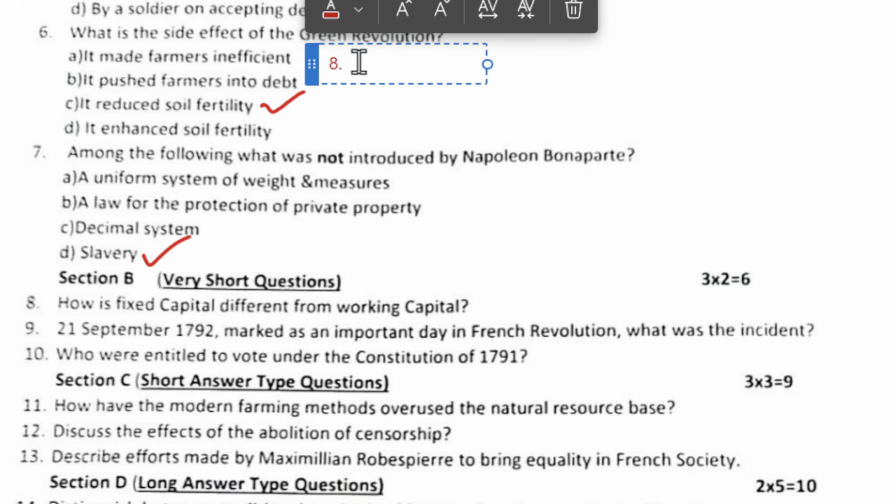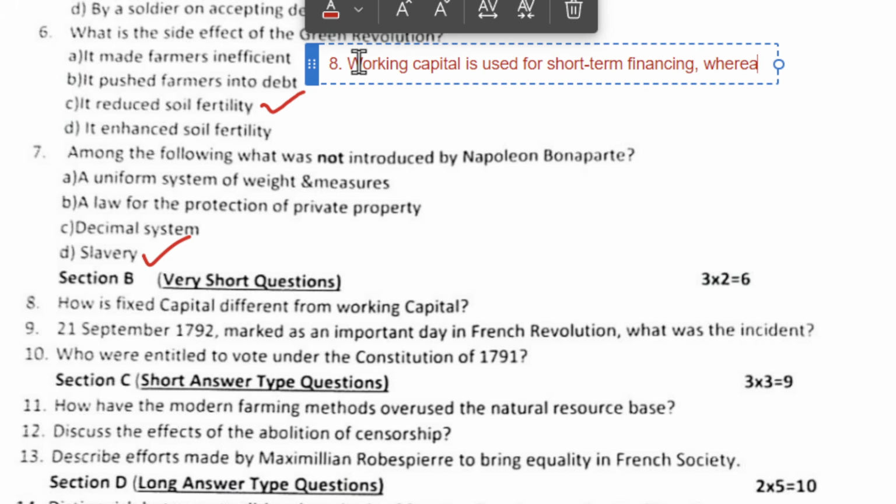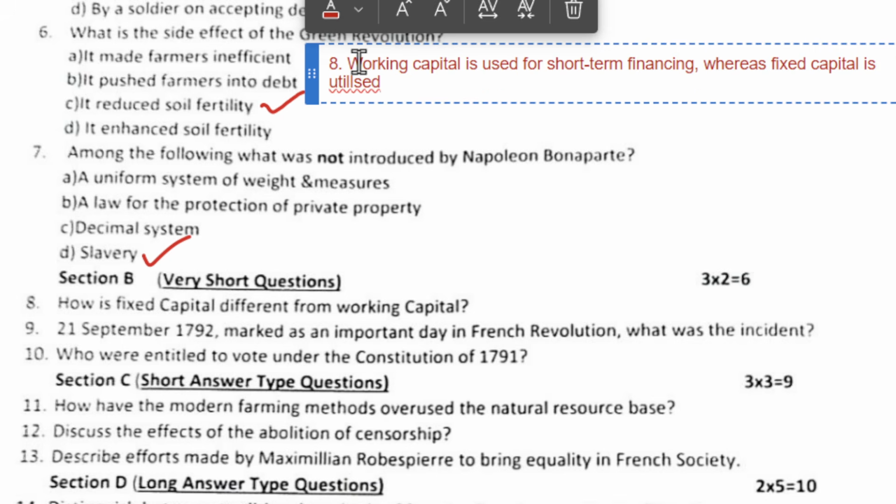Okay, writing the answer. Working capital is used for short term financing, whereas fixed capital is utilized to purchase non-current assets for the company.